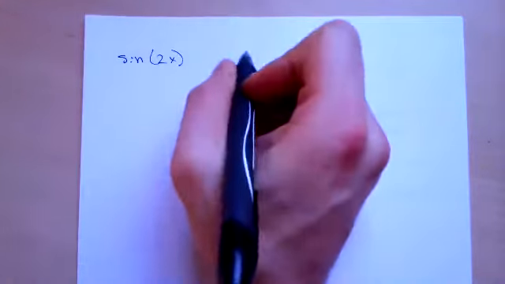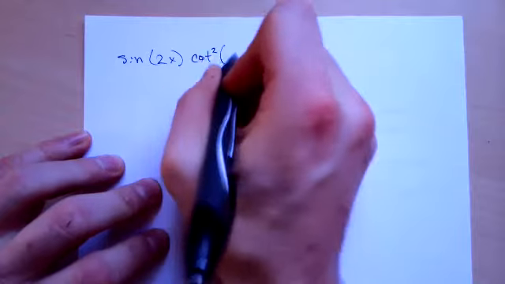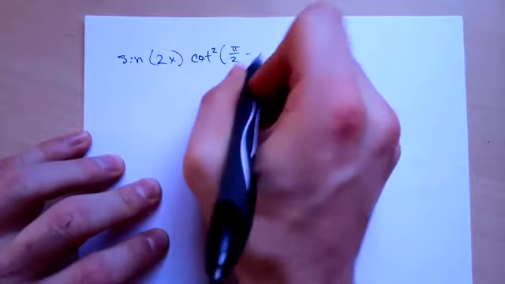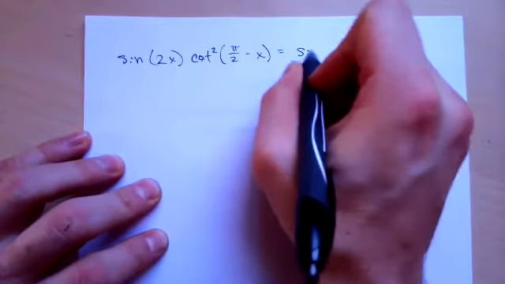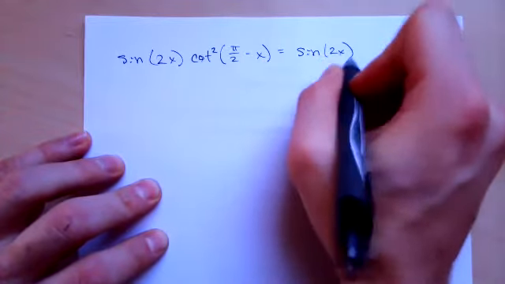We'll have sine of 2x times cotangent squared of pi over 2 minus x is equal to sine of 2x.